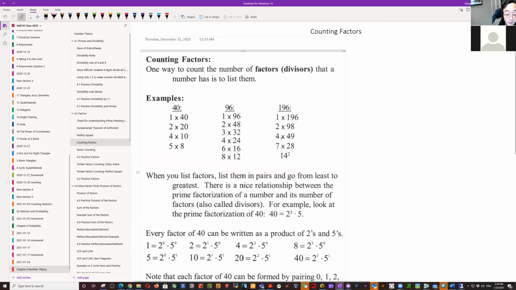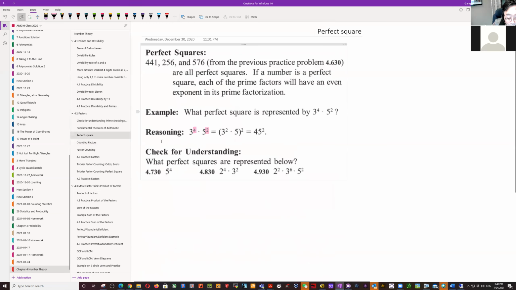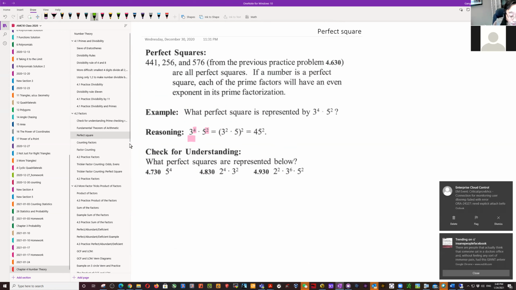Then we talk about counting the number of factors. To count the number of factors, first we prime factorize it. So for example, let's say this number, how many ways are there to form a factor? It actually becomes a counting problem, because there are 5 ways to choose the index of 3, since the index of 3 goes from 0 all the way to 4, and the index of 5 goes from 0 all the way to 2.